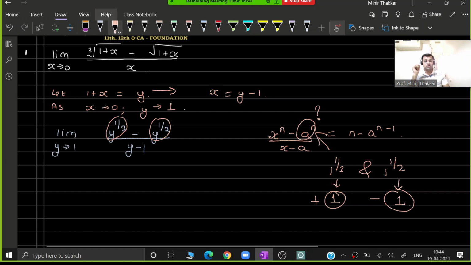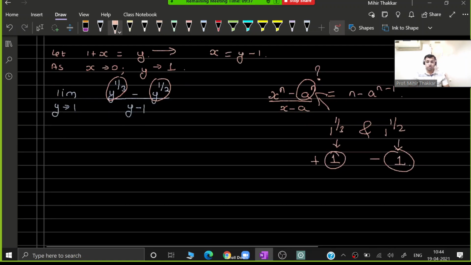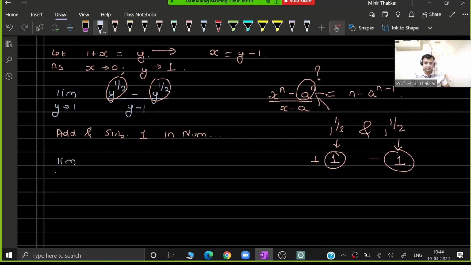So let us see how we do this. Just understand, guys, you copy it down later on. You have to add and subtract 1 in the numerator. If you add and subtract 1, you should get it like this. Just observe: limit as y tends to 1, y to the power 1 by 3 minus 1 minus y to the power 1 by 2 plus 1.